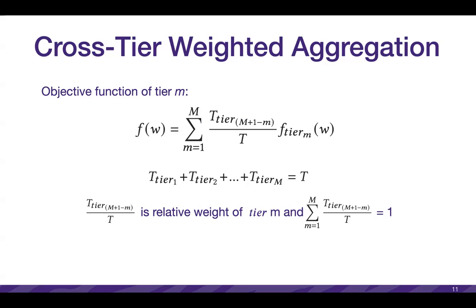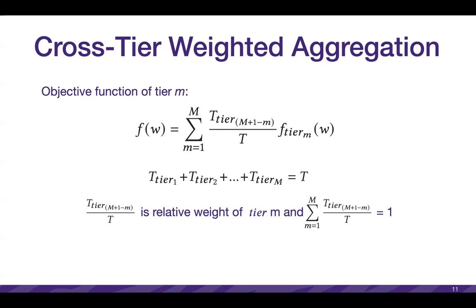T_tier1 and T_tierM mean the communication times, the times that the tier communicates with the server. Tier 1 is the fastest tier, so T_tier1 will be much higher than T_tierM.